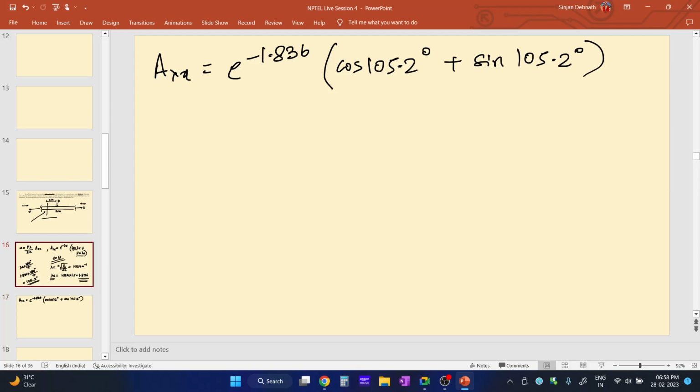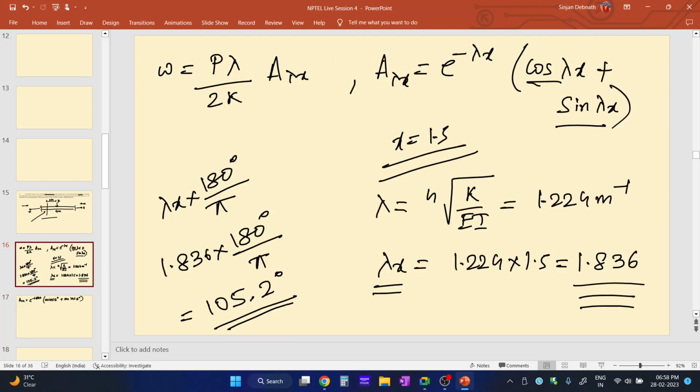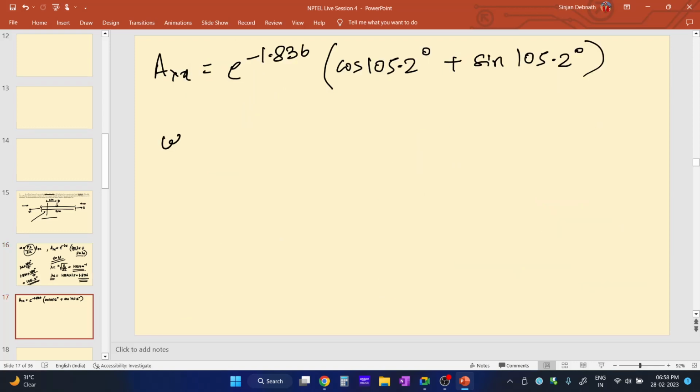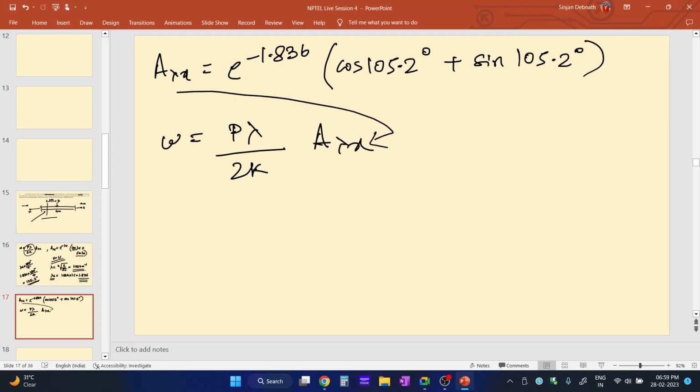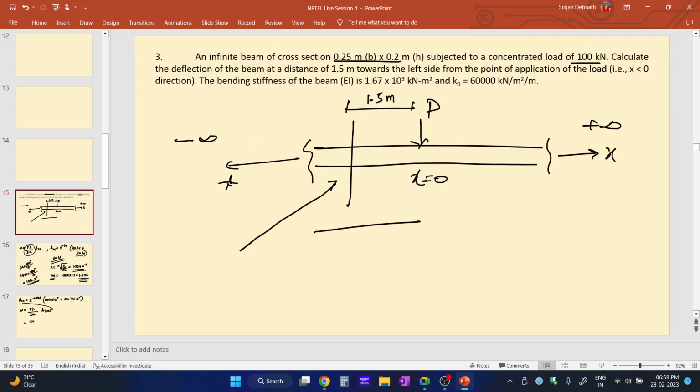And the other part is P lambda by 2k. You know the value of lambda. Let me write it down over here: w is equal to P lambda by 2k into A lambda x. A lambda x we will get from here. And P is 100 kilonewton, acting over here.